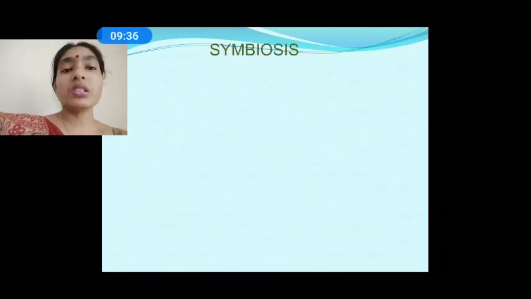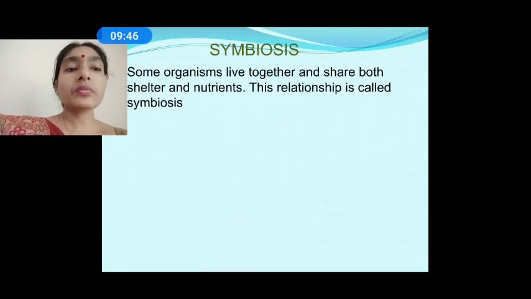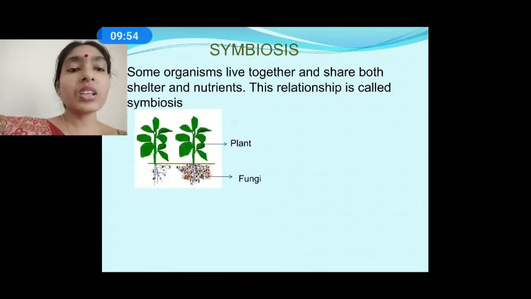Now symbiosis. Symbiosis is helping each other. That means they are living together for their shelter and nutrients, and help each other. This relationship is known as symbiosis. So here you can see one plant, and down on the roots, different fungi.